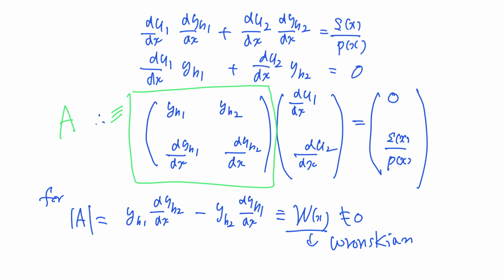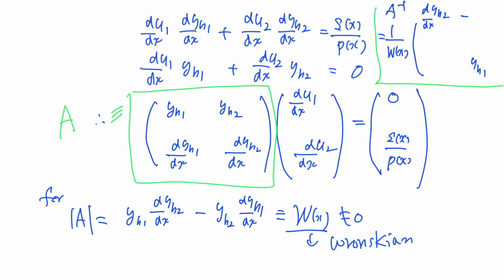So A inverse is given by one over the Wronskian times the matrix with rows dy_h2/dx, minus y_h2 and minus dy_h1/dx, y_h1, right?